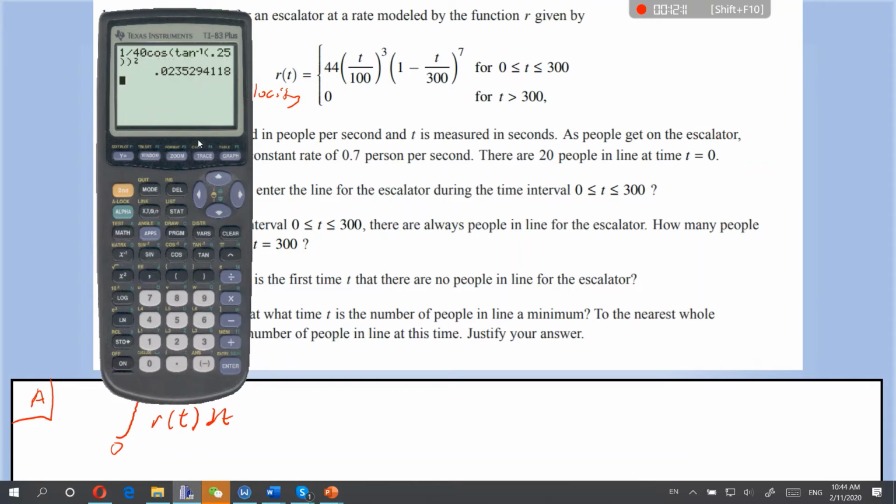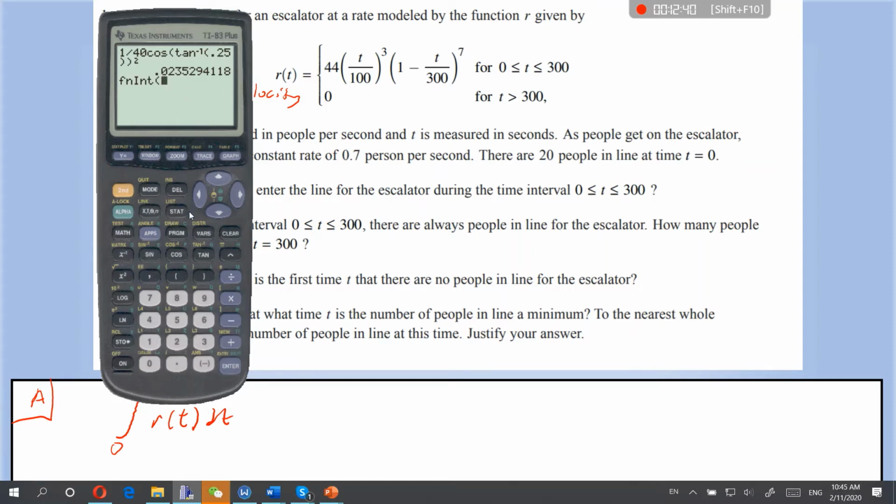Okay, how could I integrate that in my calculator? Do you remember? Yeah, go on math, and then the integrate function. Okay, math 9. I've got an older calculator, so this is equation, variable, lower bound, upper bound.